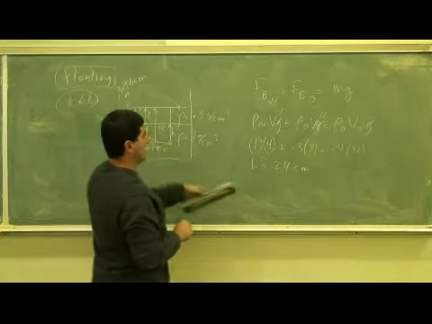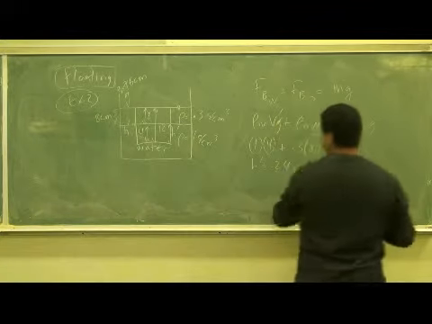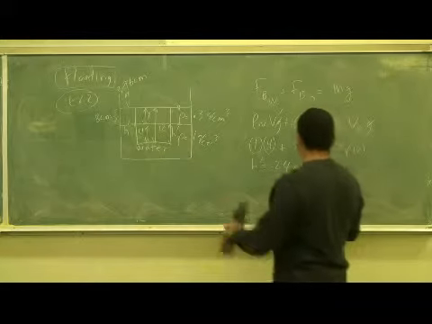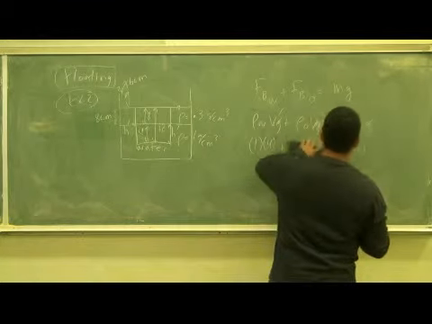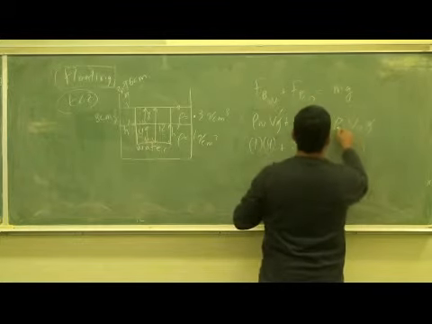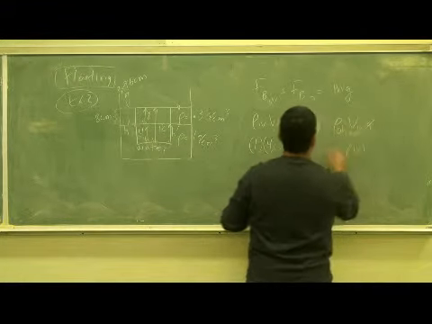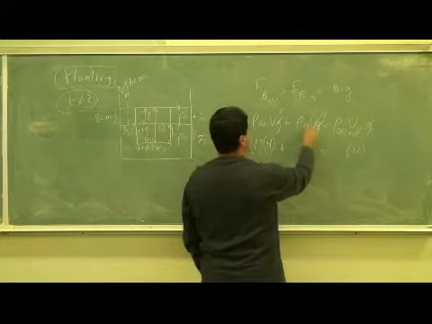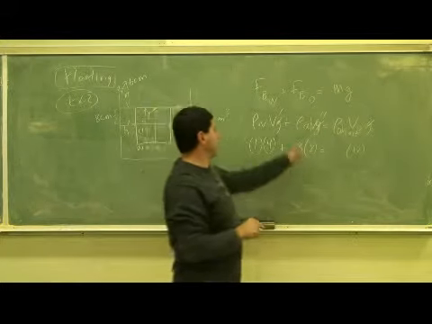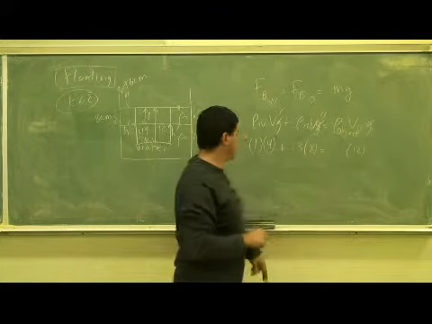Then the density of the object times the height of the object, 12. I should write density of object here, because it's getting confused with the oil. You always have to be careful so you don't get confused.